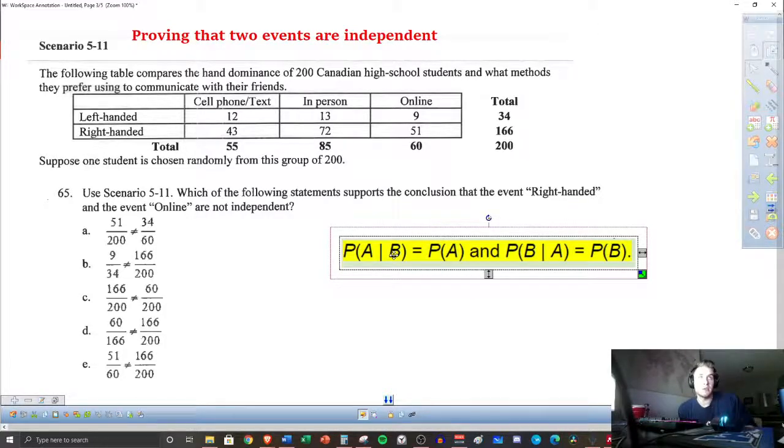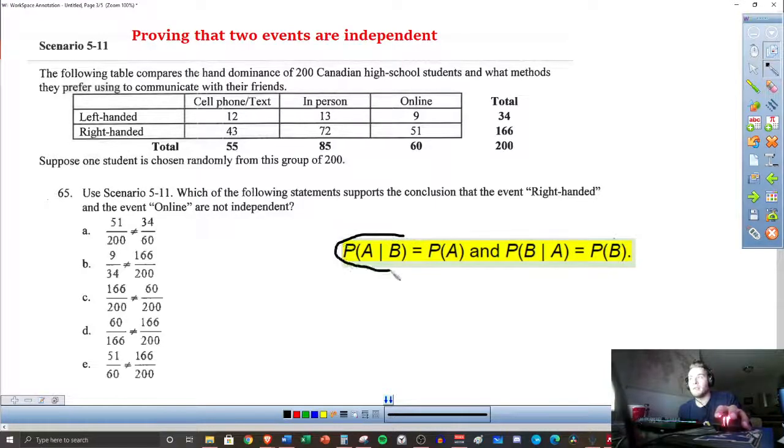If the event occurs, it shouldn't change the probability of A. If A goes unaffected by B, then it should just be A. That's how we're interpreting this formula that's going to help us prove independence or not. Now, they've told us that they're not independent, but we're trying to show it based on the formulas.